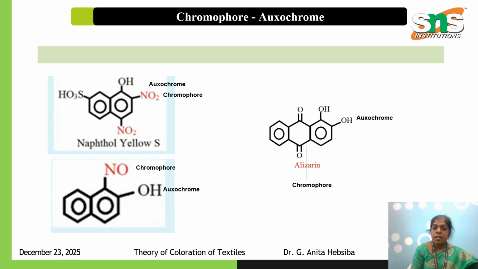In alizarin, the chromophore is the quinone ring, but in the presence of the hydroxyl group OH, the color gets intensified. Similarly, here we have the nitro group as the chromophore and OH as the oxochrome, so that the color gets intensified. So the presence of chromophore is very essential. Oxochrome intensifies the color of the particular dye.